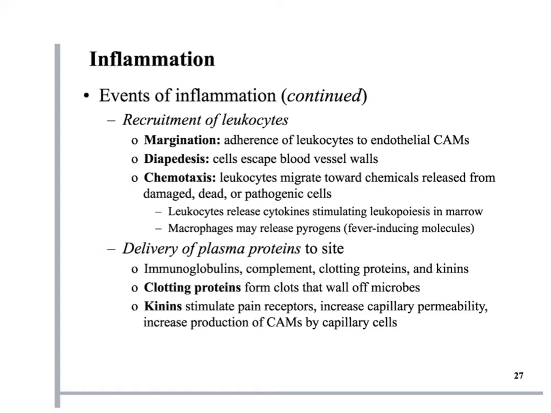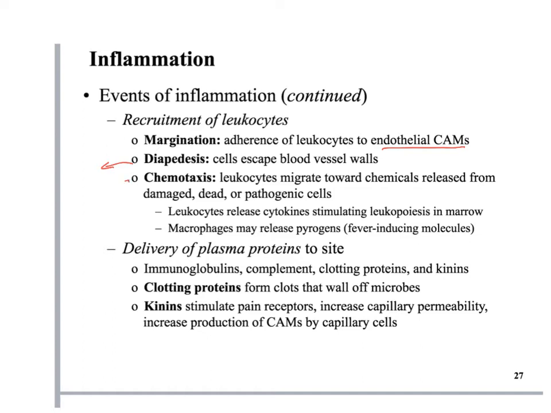There's more blood flow, so more white blood cells go flowing through, and then they adhere and get stuck to the endothelial cell adhesion molecules. Remember, we talked about diapedesis. This is the way that these white blood cells escape, and now those blood vessels have increased permeability. They've become more leaky, so it's easier for them to get out.